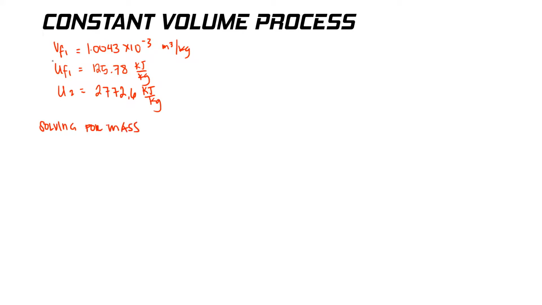For solving the mass, we have our specific volume from point 1. We all know that specific volume is just the reciprocal of the density, which is volume over mass.